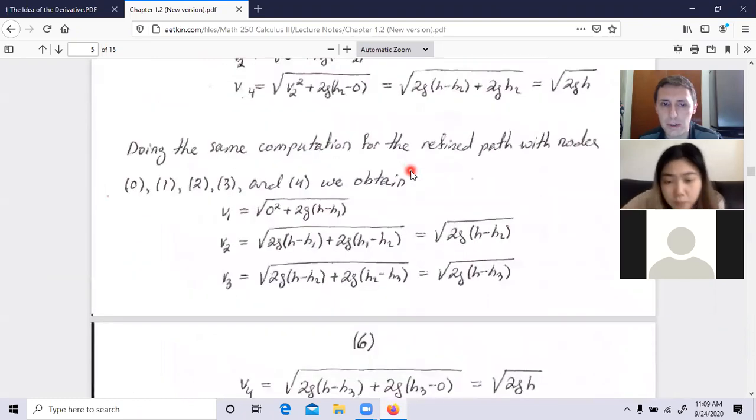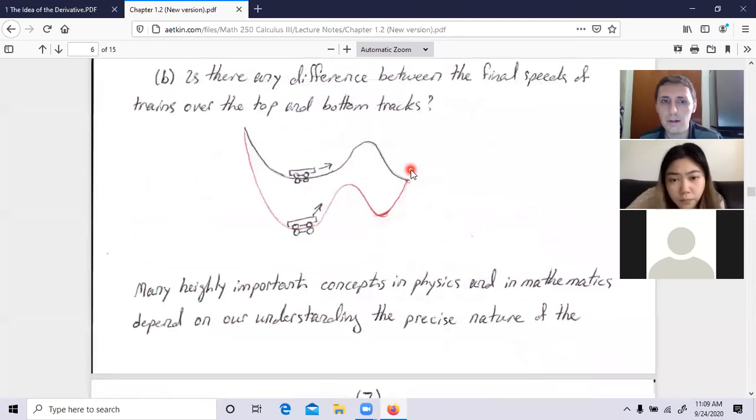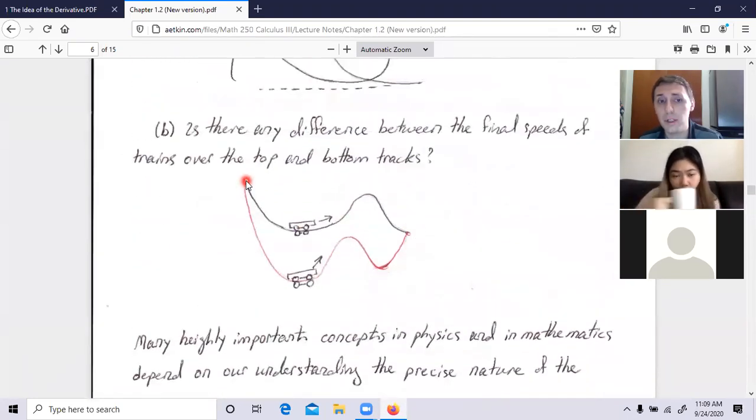For example, what do you think is going to be the final cart speed if the cart travels through the black path, or if it travels through the red path? Which is going to travel faster at this point? Once you reach this place where I'm holding the cursor, which cart is traveling faster?